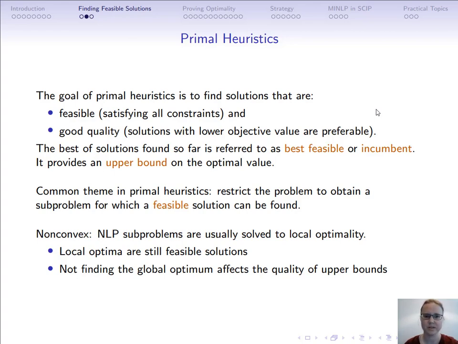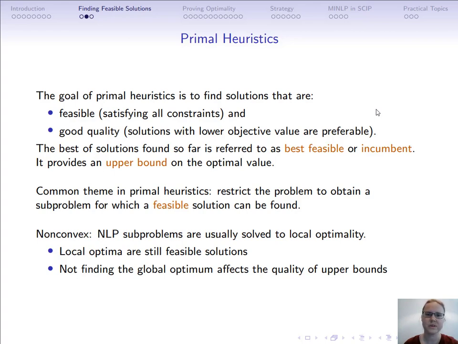satisfying all constraints in the problem, and second, we prefer solutions that are of good quality. That is, although we cannot guarantee optimality, we can still hope and try to find solutions which have lower objective function values. And the best of the solutions that has been found so far by an algorithm is called the best feasible solution or the incumbent solution.